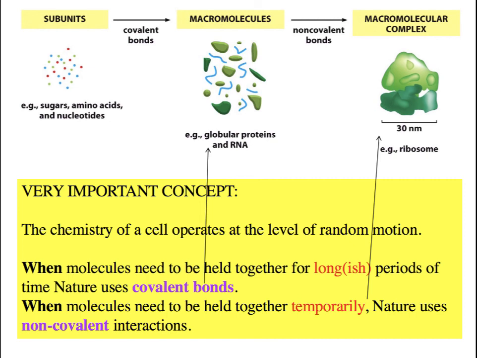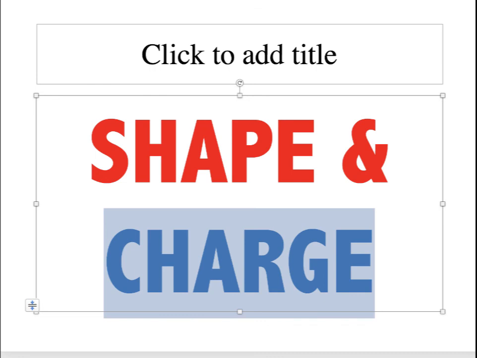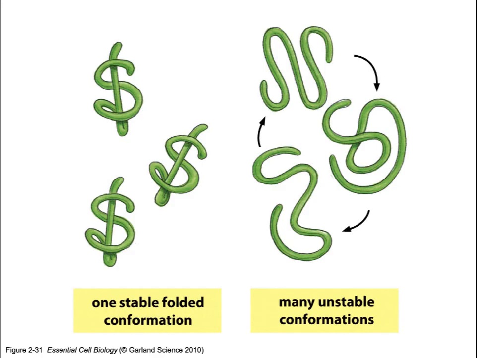Combining this observation with the fact that elements used in biology generally have small atomic radii, the covalent bonds formed within these macromolecules then tend to be strong, permitting these molecules to have a longevity suitable for living organisms. I often tell students that if I had a choice to rename this course, the course would be called Shape and Charge.